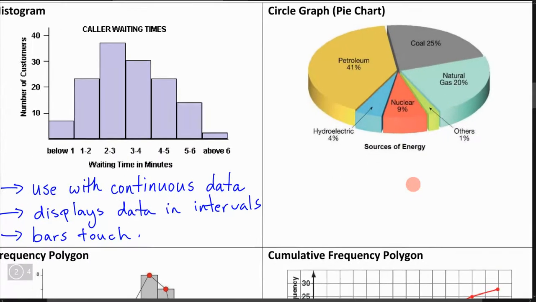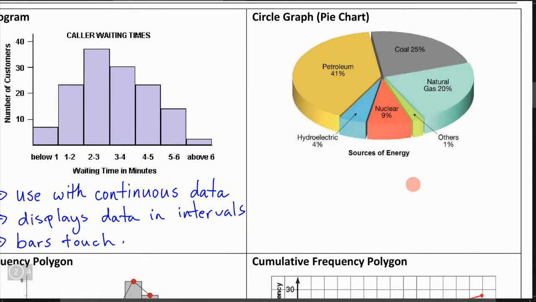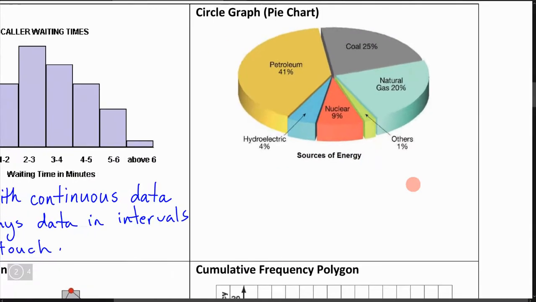Then we also have pie charts. Pie charts, or circle graphs, are only used for categorical data.